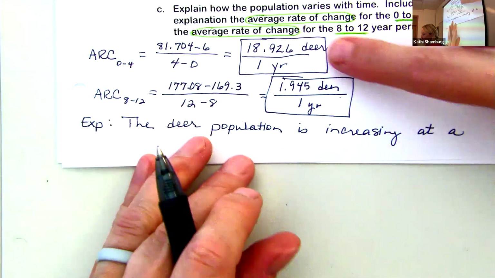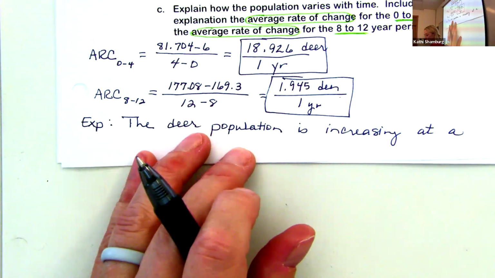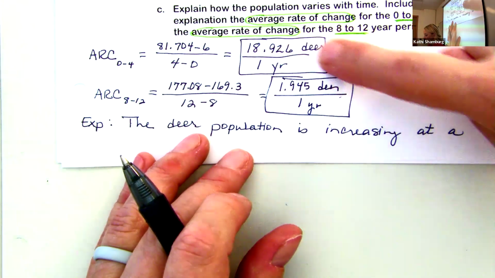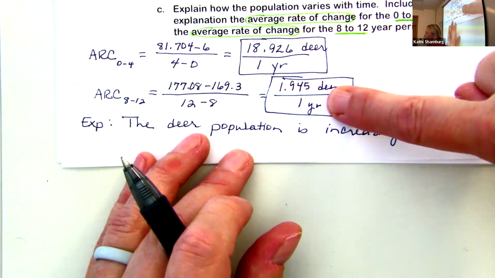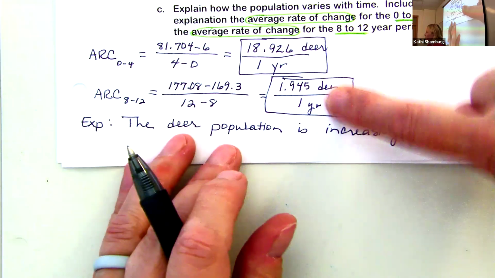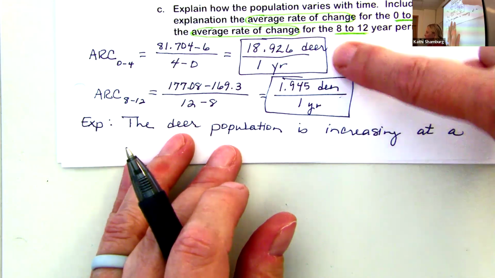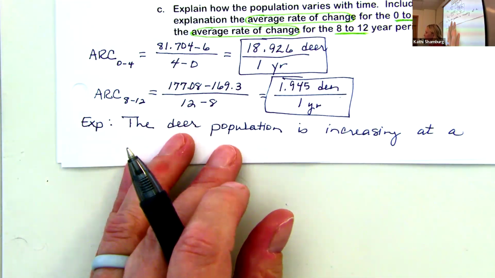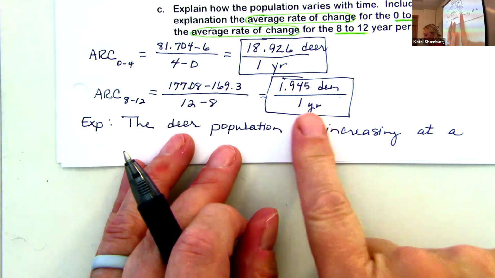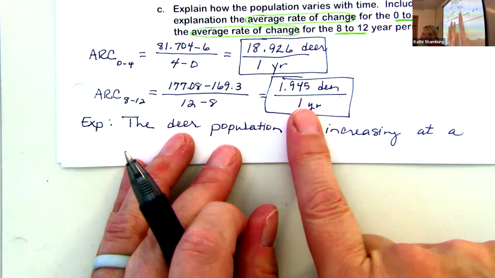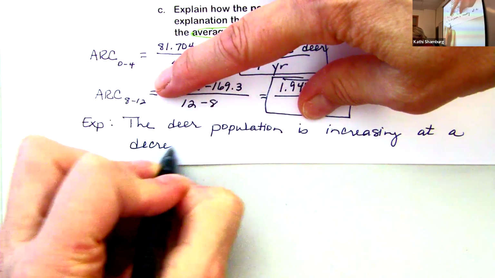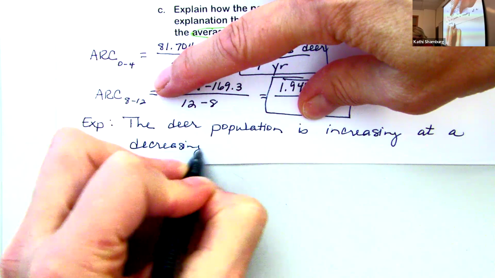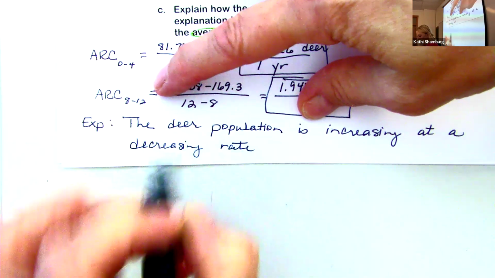I don't want to know each specifically. I want to know overall. This tells me that the rate is, so this was the rate from 0 to 4. This is the rate from 8 to 12. So was it slowing down, decreasing, or was it speeding up, increasing? Which one? Decreasing. So it's at a decreasing rate. Period.